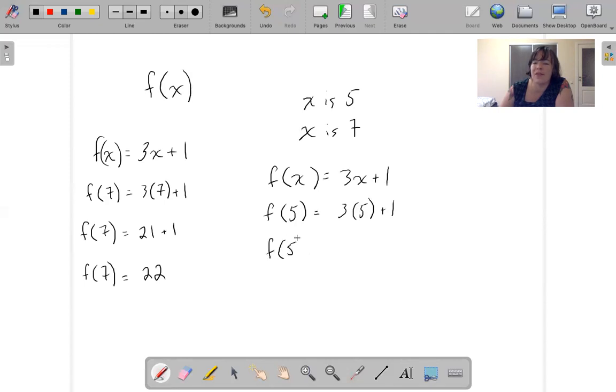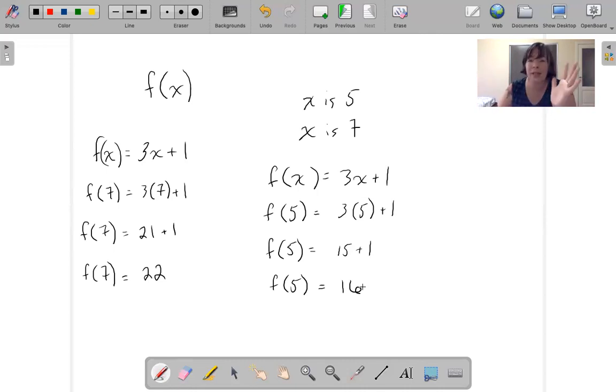F of 5 equals 15 plus 1. F of 5 equals 16. So all we're really doing is giving an x value. Solve when x is this. Solve when x is that. That's all we're doing. That's all you have to do.